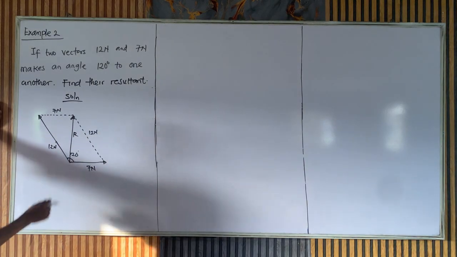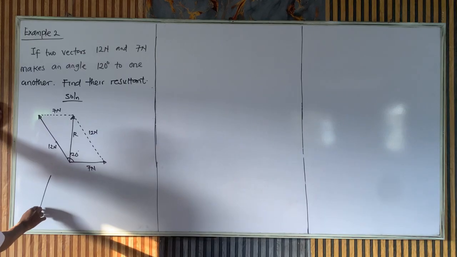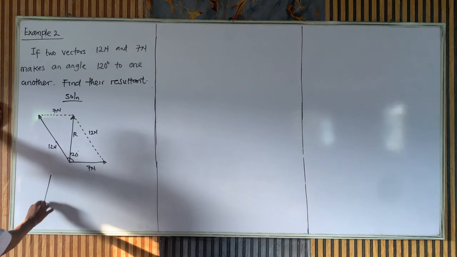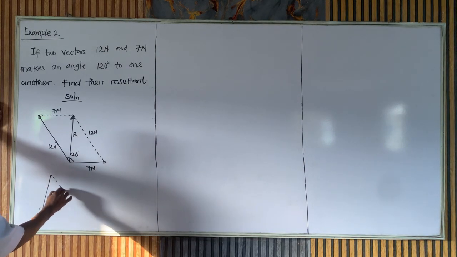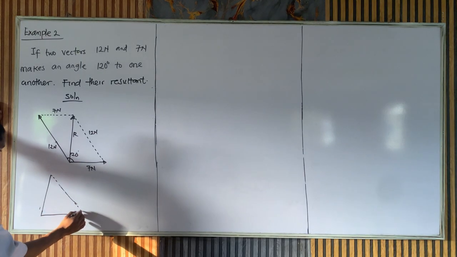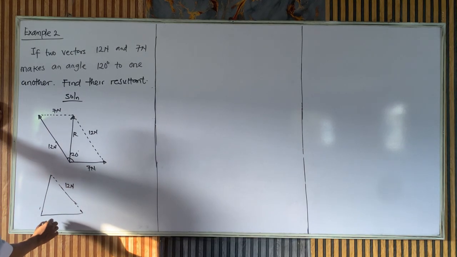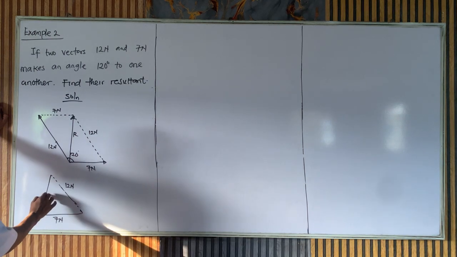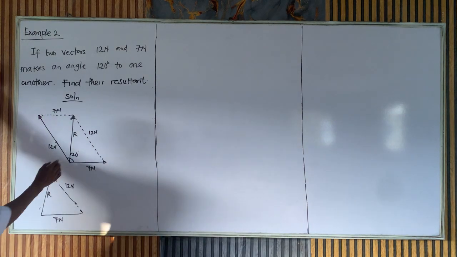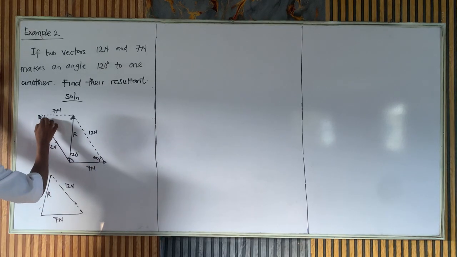So let's take this triangle now to get the resultant. This is the 12 Newton, this is the 7 Newton, and this is the resultant. Because here is 120, this should be 60, and here should be 60.